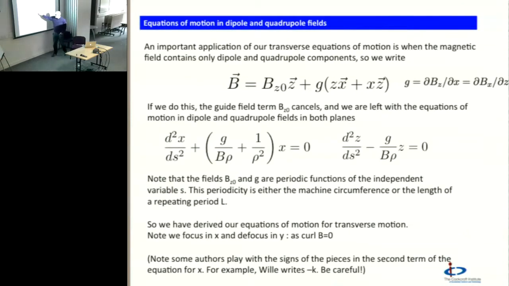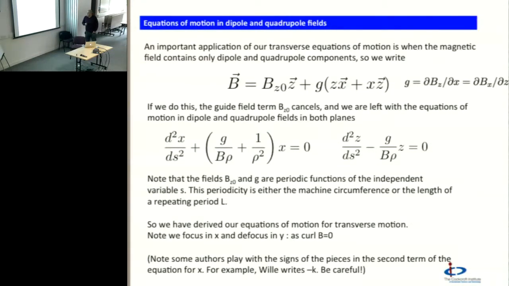So by playing with the weak dipole focusing, but then mainly with the strength of my quadrupoles, I can have oscillatory motion in the x-plane. But because the x and the y planes are linked, because the B field is curl-free because of Maxwell's equations, the same G also appears in my vertical equation of motion. So you can look at the derivation later, but we just look at the end result as being an equation of motion horizontally, linearized, and an equation of motion vertically that depends on the dipole parameters and depends on the quadrupole gradient.